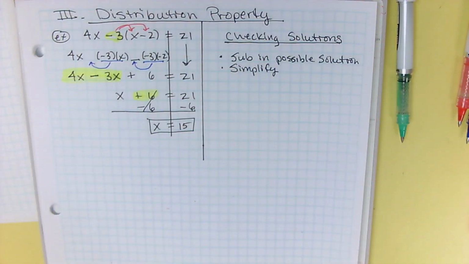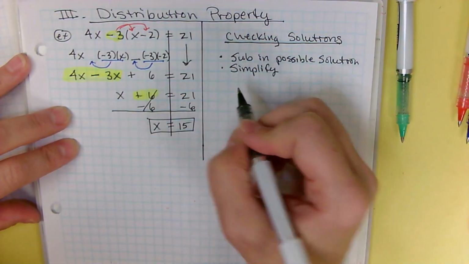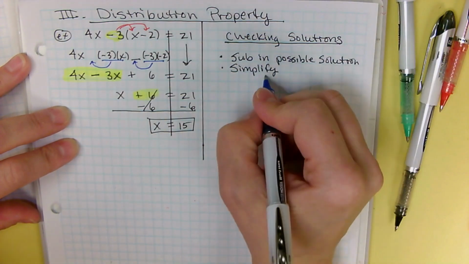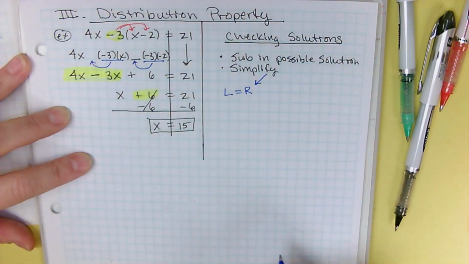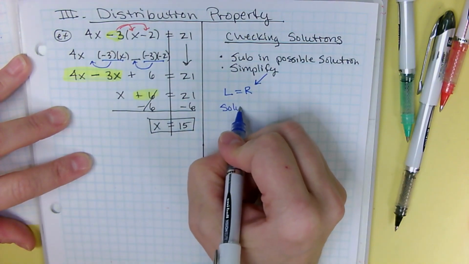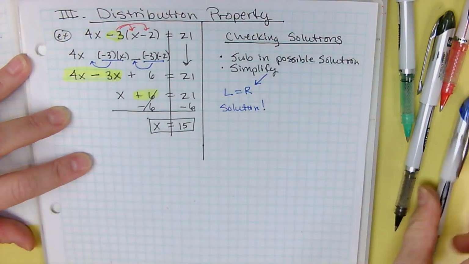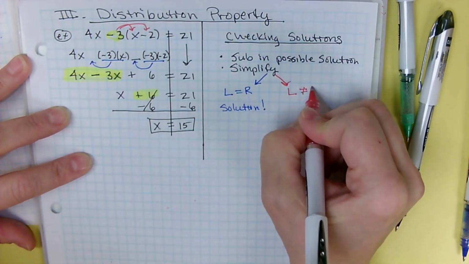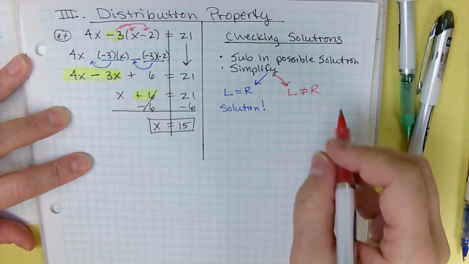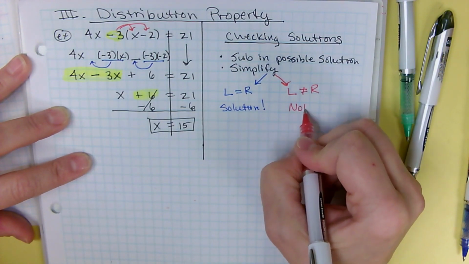And again, you've done this order of operations, just simplify. And then here are your two possibilities. If the left equals the right, you have a solution. If the left does not equal the right, it is not a solution.